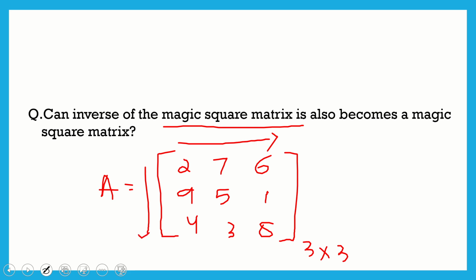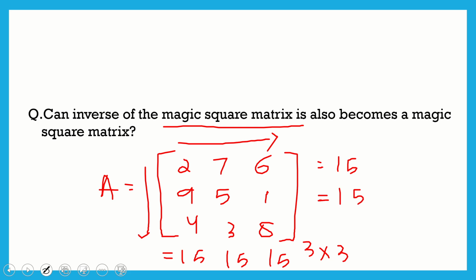If you add 2 7 6, you will get 15. If you add the first column 2 9 4, 2 plus 9 is 11, plus 4 also 15. The second column is also 15, and the third column 15. The second row also gives you 15.